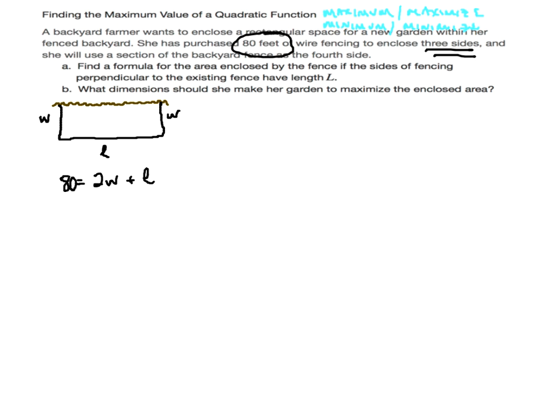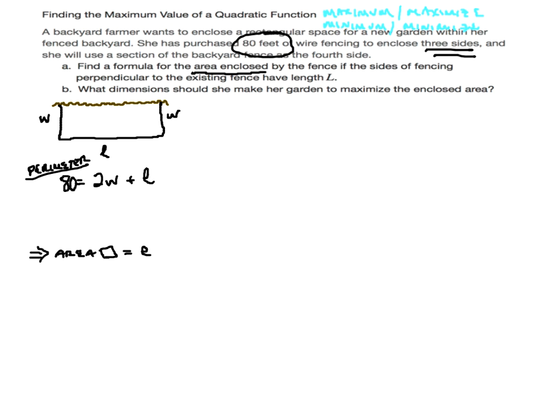That's what I need to get, 80, out of that 80 feet of fencing. Find a formula for the area. Notice this is perimeter. This is the only information we have, and we're going to try to figure out how to write a formula for the area.